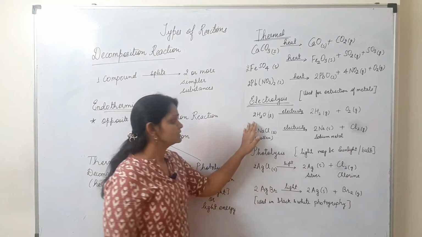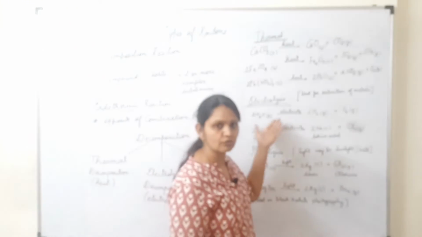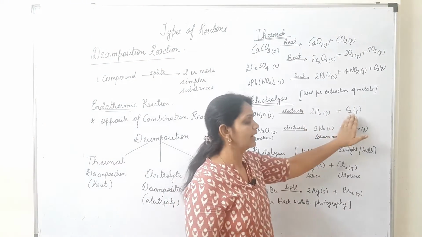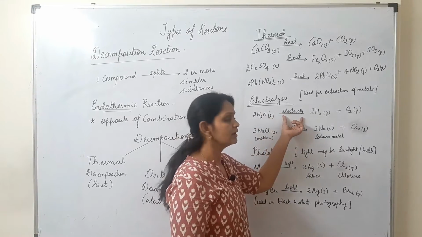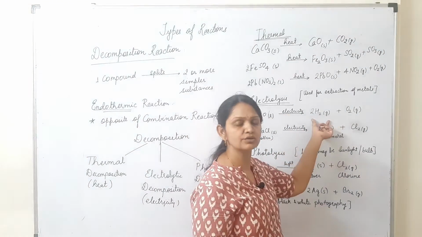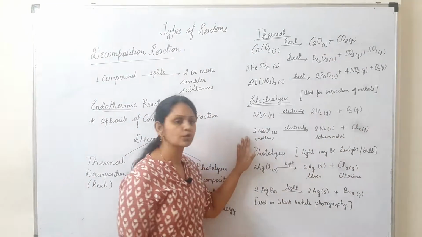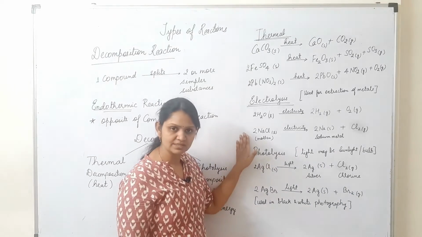The second type is electrolysis, where the decomposition is carried out with the help of electricity. Let us see the examples. On passing electricity through water, it decomposes into hydrogen and oxygen. Another example is sodium chloride in its molten state. Only then can we pass current through it.